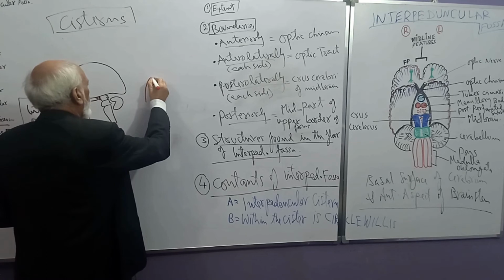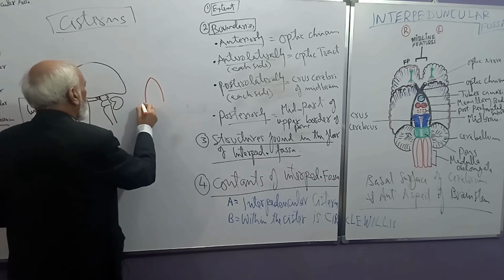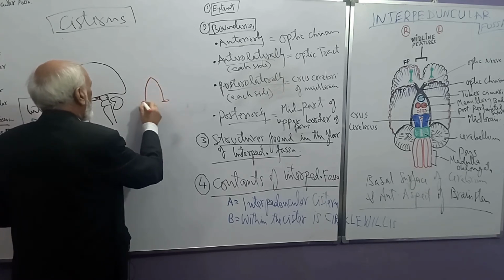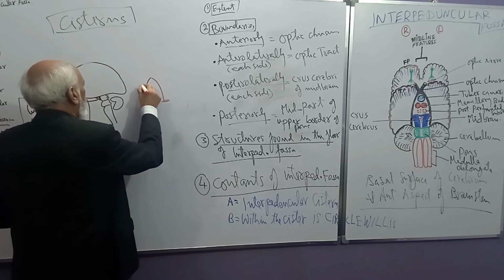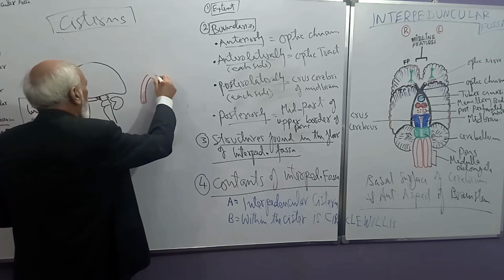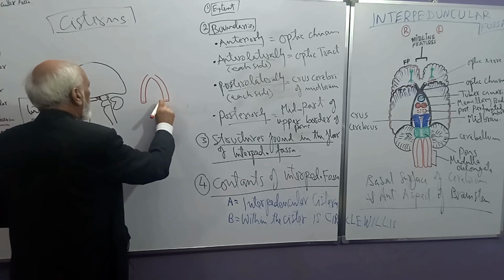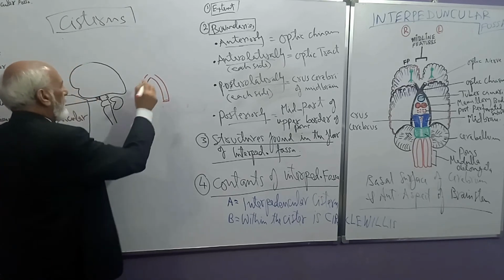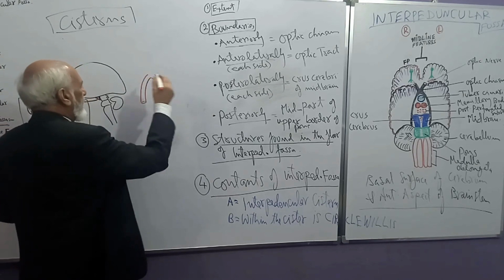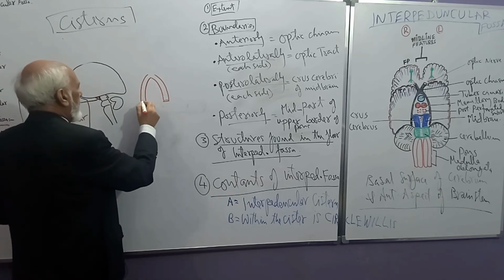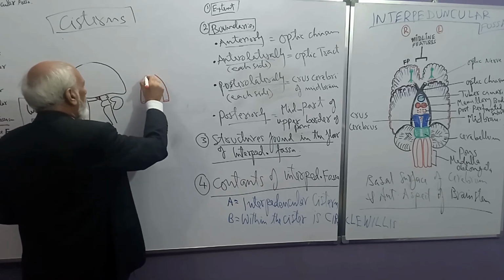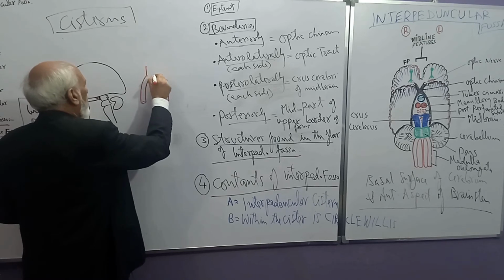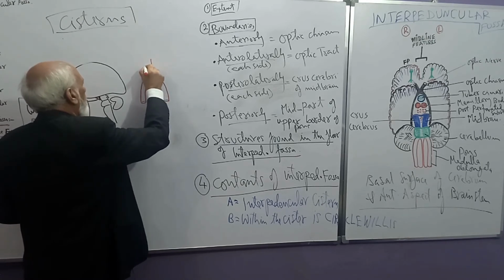Now these are two vertebral arteries. Right vertebral artery and left vertebral artery. At the level of lower part of the pons, what happens? The right and left vertebral arteries join together to form basilar artery, which runs in front of the anterior surface of the pons.